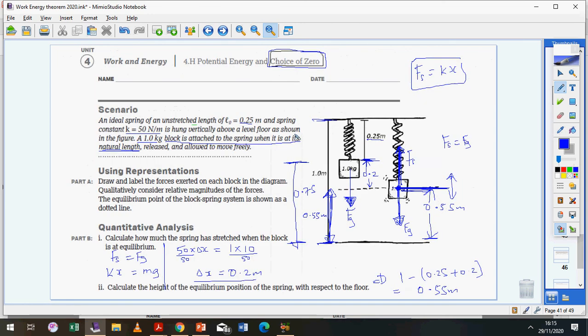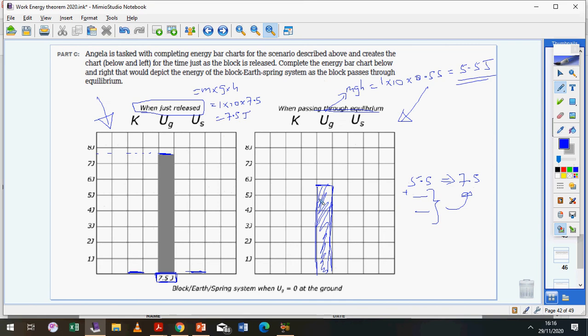Since it's at an extended position in this final state, that means you have elastic potential energy, due to an extension of 0.2 meters. So let me calculate that elastic potential energy. It's half times k times x squared, which will be half times k, which is 50, times x squared, which is 0.2 squared.